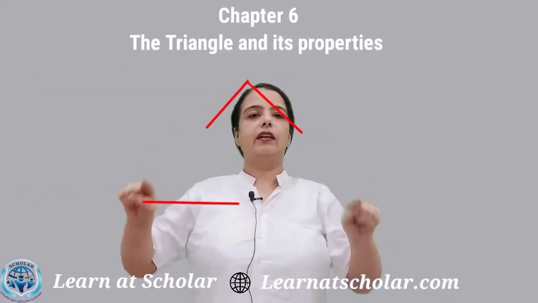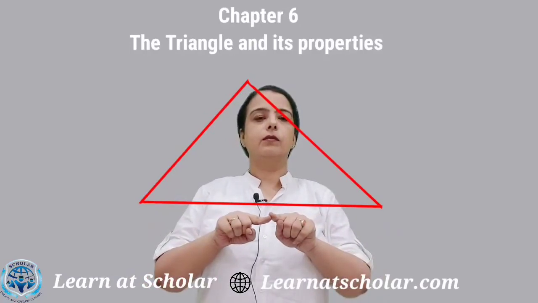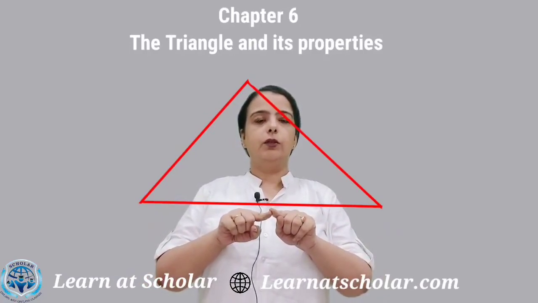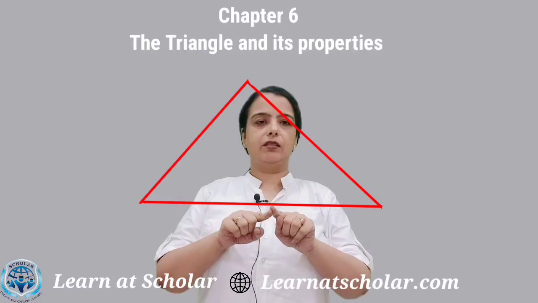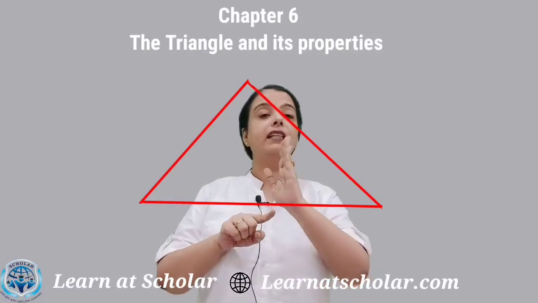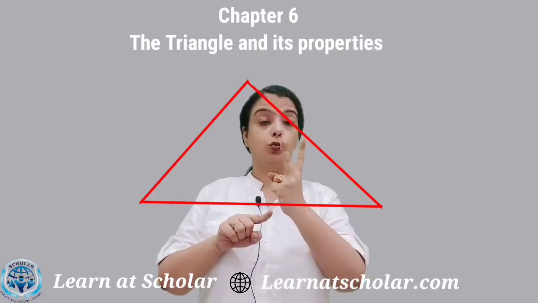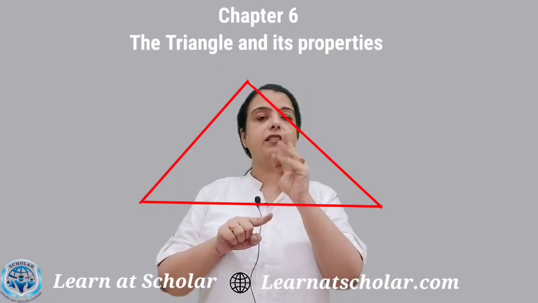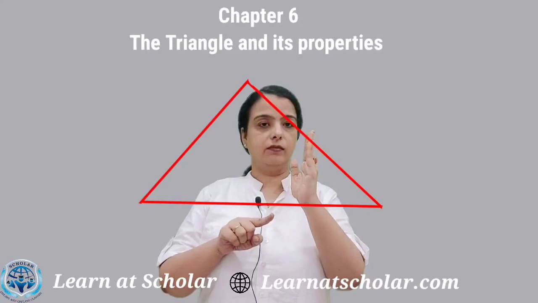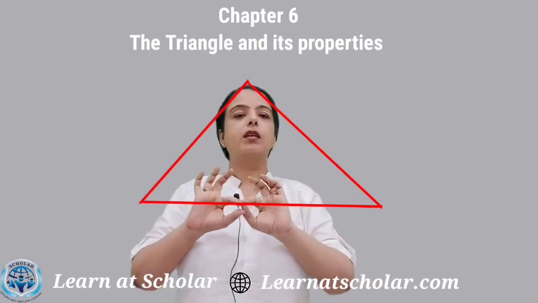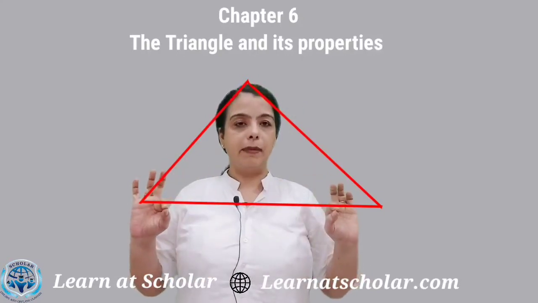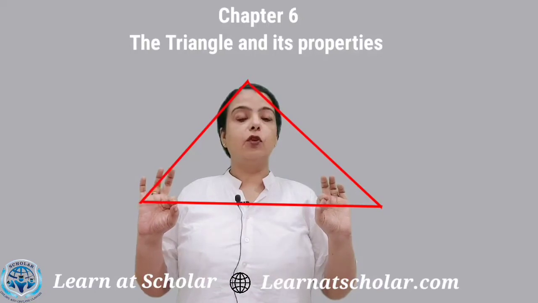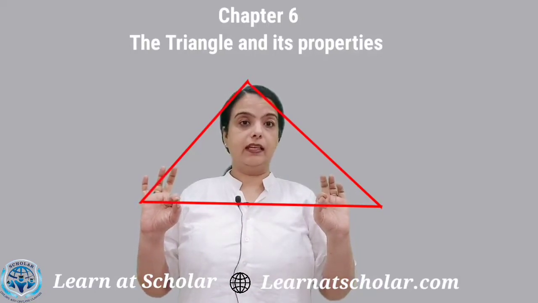Look at this triangle. You know the perpendicular bisector. Bisector means which bisects. Bi means 2. Which divides the triangle into 2 parts is called a bisector. Now to draw the bisector, we search for the midpoint of the side.